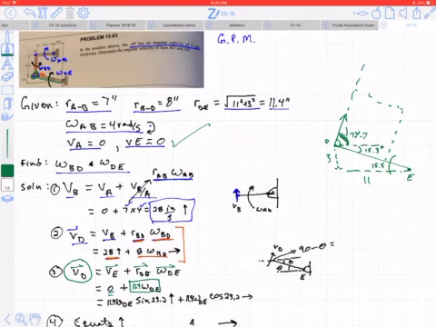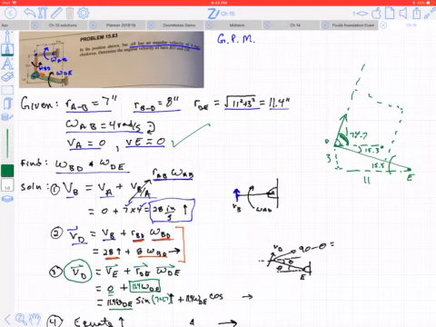So if I want to know how much of that 11.4 omega DE is in the vertical direction, it's going to be 11.4 omega DE times the sine of 74.7.